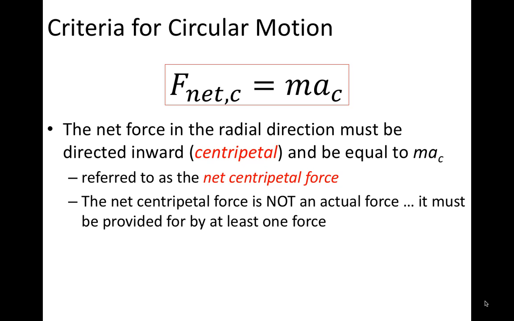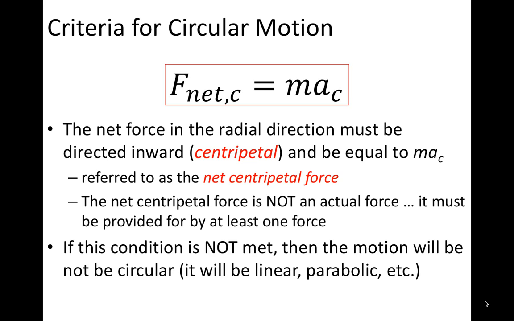At least one of those forces has to act radially inward or in the centripetal direction. And if this condition's not met, then the motion will not be circular. It'll be some other kind of motion. We might have linear motion, or it might fly off into the air and become a projectile and move in a parabolic path. But if this condition's not met, the motion will not be circular.